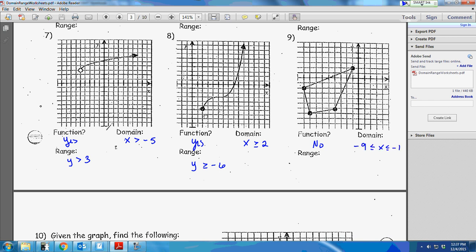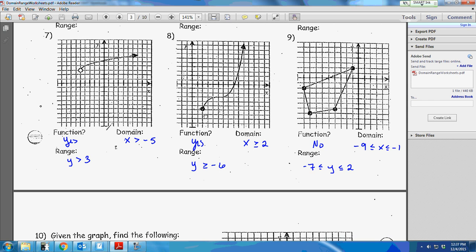The -1. What about the range? Right. And the bottom one is -6. Questions on any of that information?